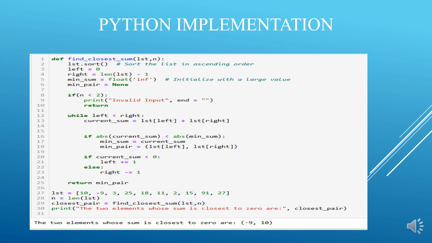In that way we are assigning the values here. After that we are using an if statement and a while loop, because based on this we perform operations to find the sum of such elements. After that we are assigning a list, and we are finding the length of the list by using n and assigning the size in the n variable. In that way we are doing this.